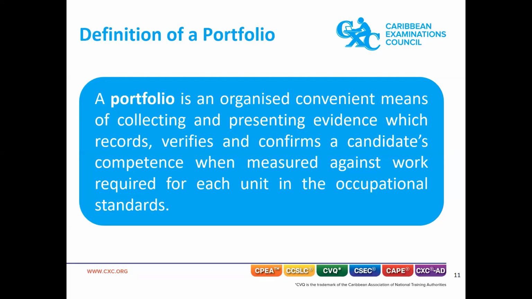Linda can prepare cakes and desserts. That is what the portfolio shows, after going through the evidence that you have compiled. As the learner, the assessor must use that information to help you present it in your portfolio so that it records, verifies, the feedback is there and everything, and it confirms your competence when the external verifier gets there to review it and even see you doing a live activity.